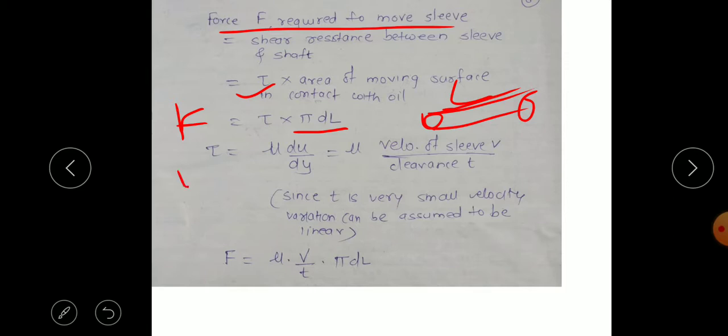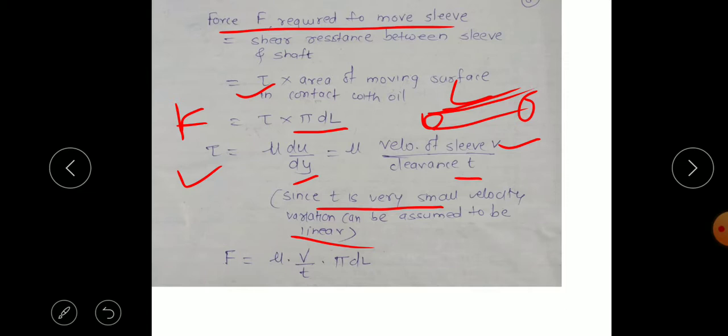Also we know the shear stress is equal to mu du by dy. But as the thickness is very small, the variation of the velocity will be linear. So we can take du as v and dy as the clearance thickness t.